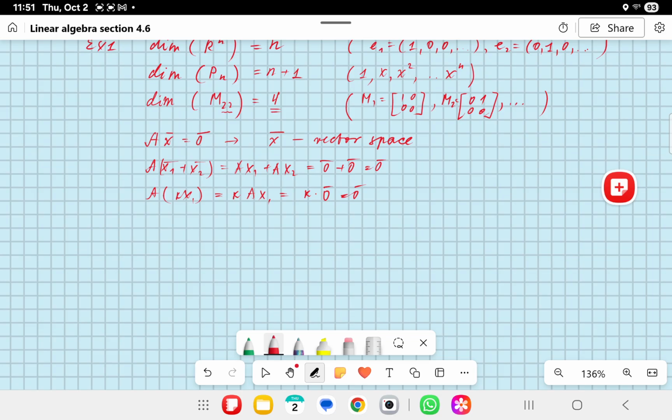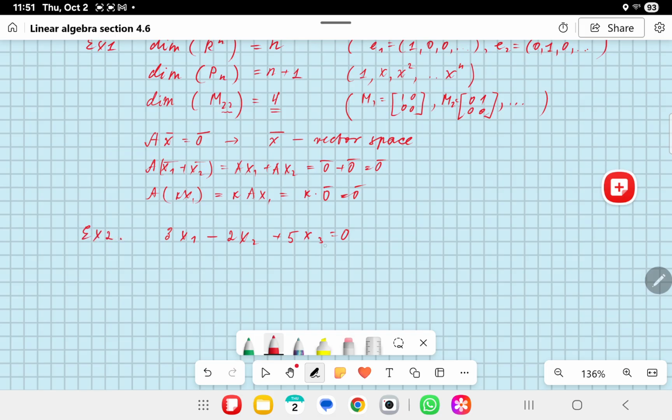I'm going to consider a very simple system of linear equations as an example. Let's consider the next system: 3x1 minus 2x2 plus 5x3, and my system is going to be just one equation.